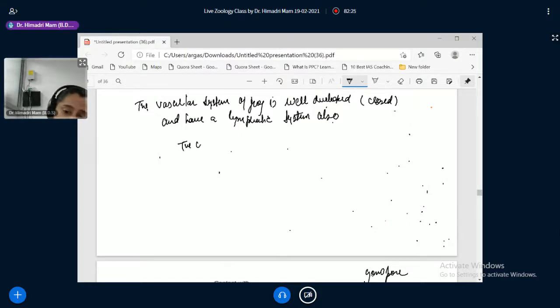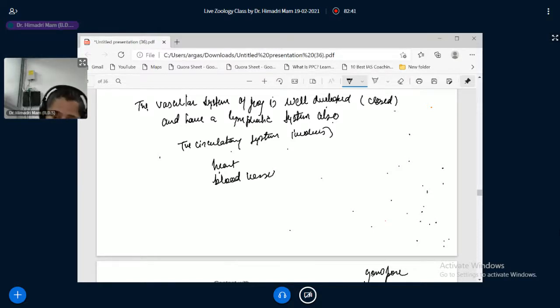The circulatory system involves heart, blood vessels, and blood. Right, now lymph. They have the lymph.